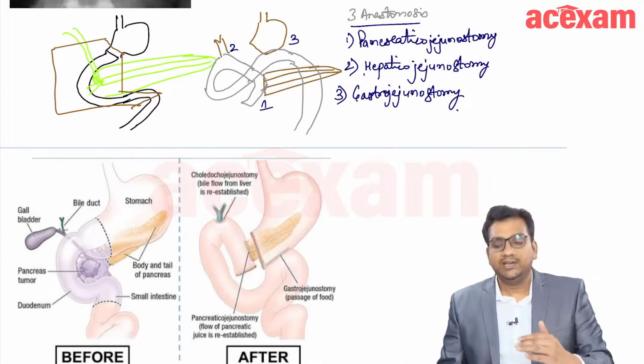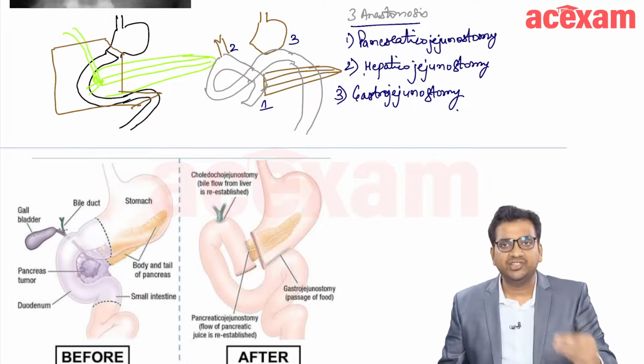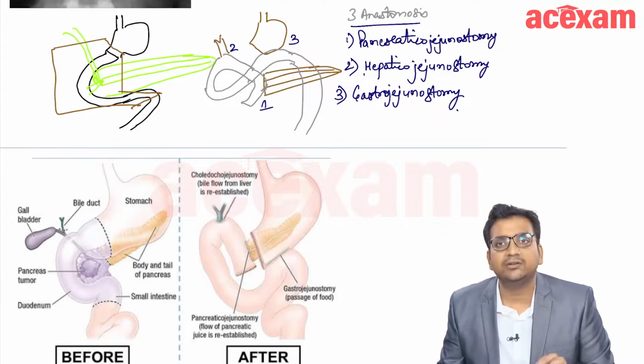Okay, out of these 3, hepatico-jejunostomy is the most vulnerable, and the anastomosis which most commonly leaks out of these 3 is the pancreatico-jejunostomy.